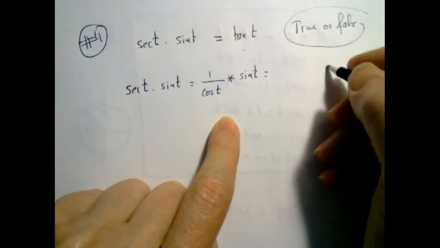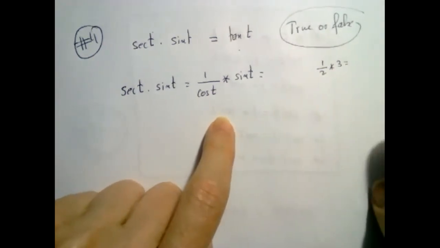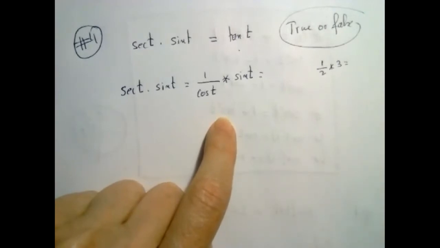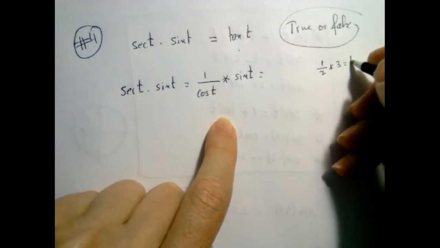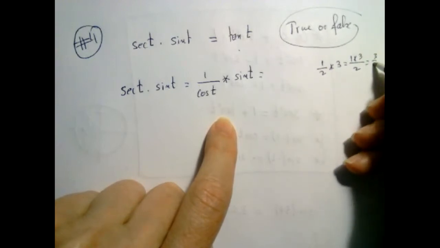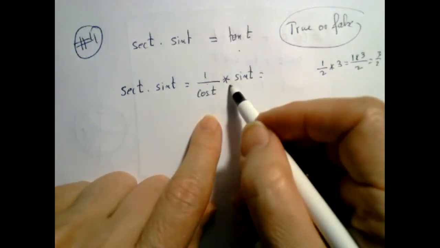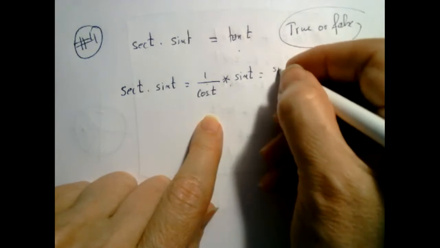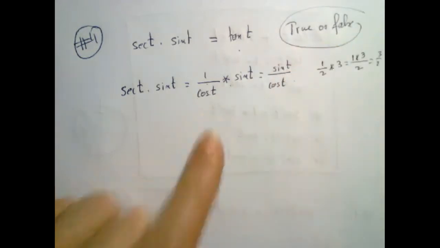So if I give you, for example, a half times 3, this is basically what? How do you multiply those fractions? It's basically 1 times 3 divided by 2. It's 3/2. What I'm trying to get to you: what's 1 over cosine times sine? It's exactly sine over cosine.